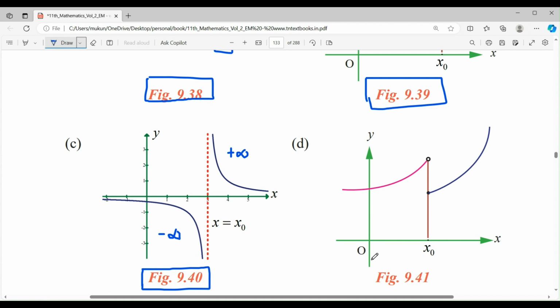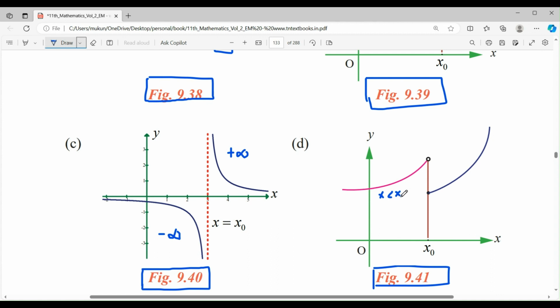So with this we will move to our figure 9.41, which is this graph. Very similar to the first graph that we saw. Here I see that my x lesser than x naught is indicated by the pink line, and this may not include x naught. And why is that?